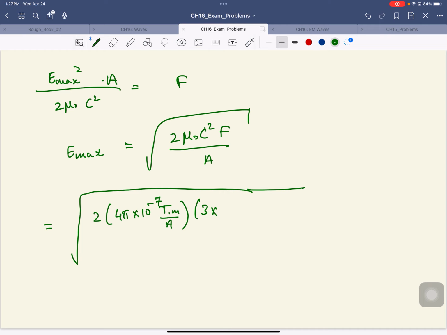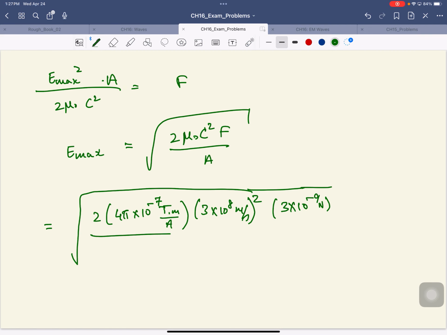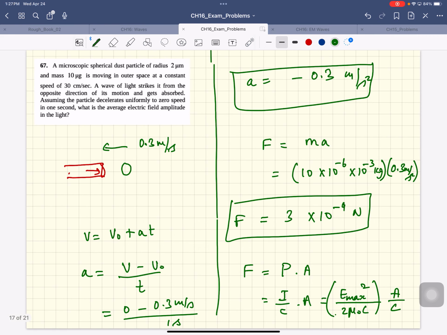C is 3 times 10 to the 8. And the force was 3 times 10 to the minus 9 newtons, divided by r squared. The radius is 2 micrometers.